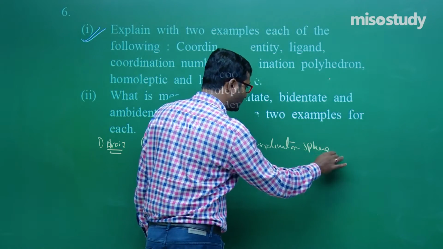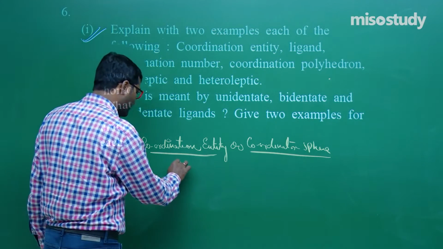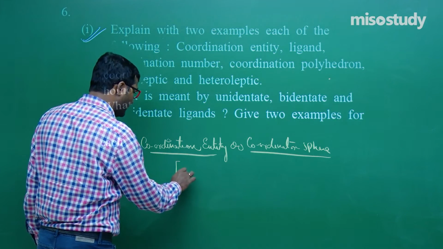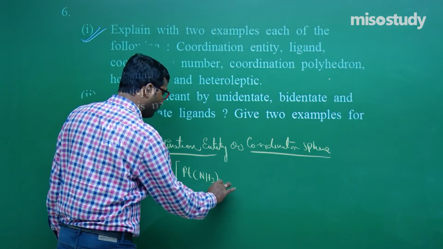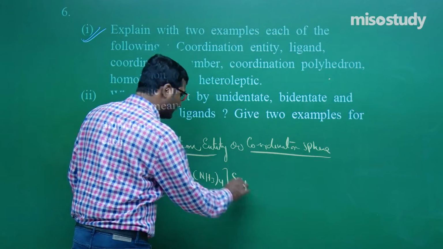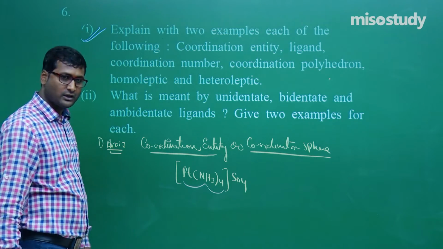Am I right? Yes, sir. Suppose if I write here [Pt(NH3)4Cl2]SO4, this is, my friend, the coordination entity or coordination sphere.